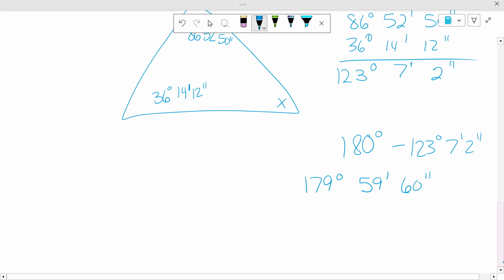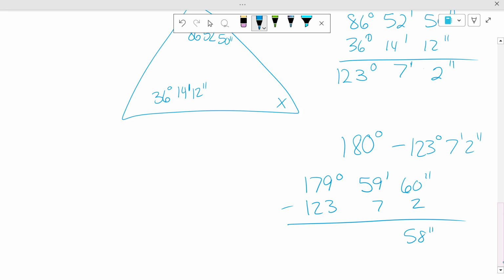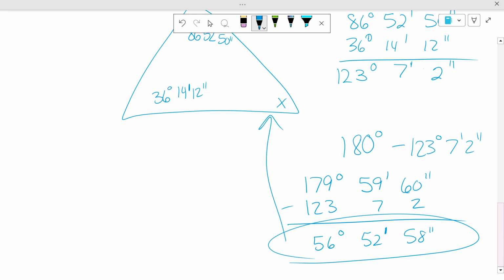So I have to take 1 less of this, 1 less of this, because I'm borrowing, and then subtract 123, 7, and 2 from there. So I get 58 seconds, I get 52 minutes, and I get 56 degrees. So the missing angle is 56 degrees, 52 minutes, and 58 seconds. Okay?